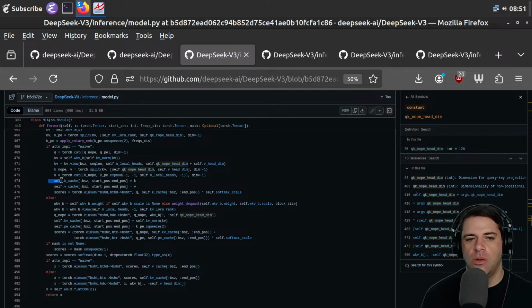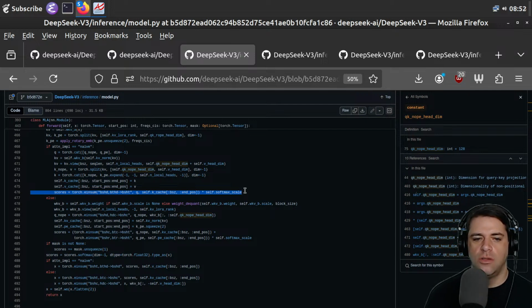And then in the key cache, we're going to put K in there, and we're going to put V in there. And then the scores, we're going to do some Einstein summation. This is essentially just an implementation of the softmax computation that we saw that used Einstein summation, I think, in the paper.